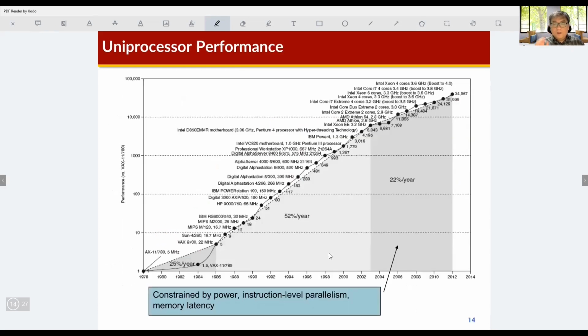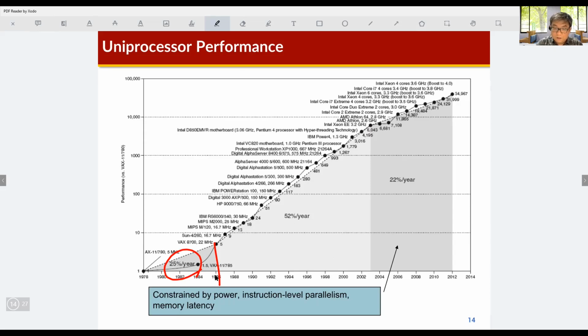Okay. But Moore's law is not always reflected by the commodity CPUs. As you can see, at first the performance of the single core CPU increased by 25% per year.